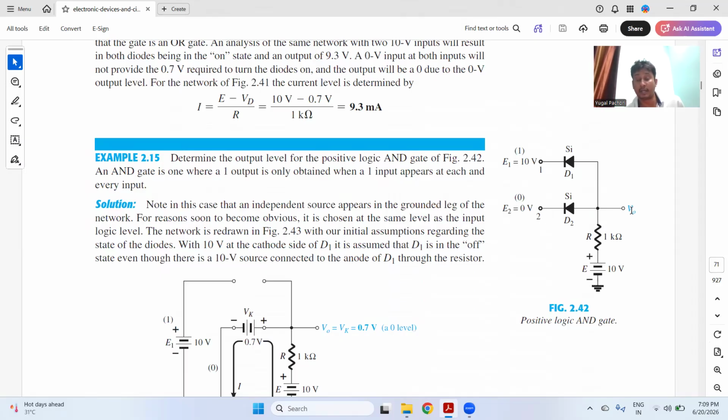In the AND gate, 1 0 is 0, 0 0 is 0, 0 1 is 0, and only 1 1 is equal to 1. So this circuit is acting as a positive logic AND gate.